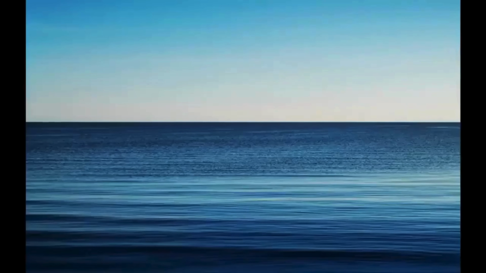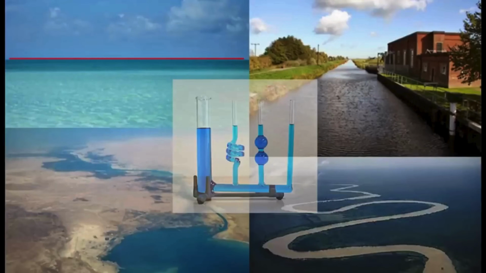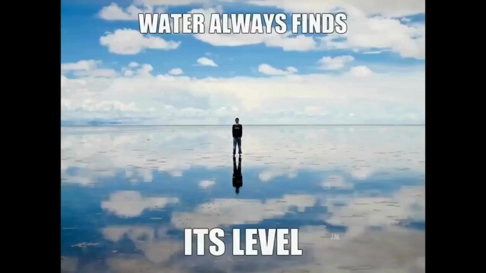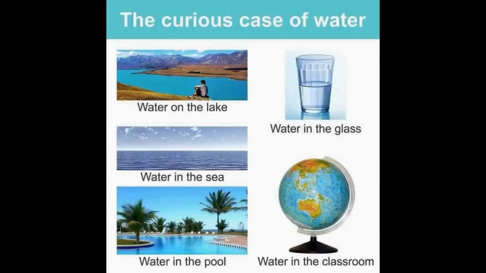Take the water bordering our horizon, for instance. It is the natural physics of water to find and maintain a level, and it just so happens that that level is flat. If Earth was a spherical ball, water would not maintain such consistent flat levels.